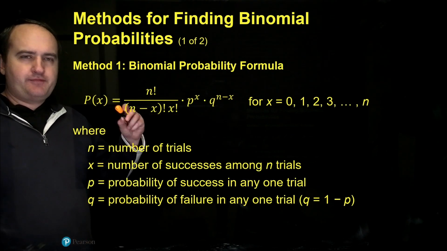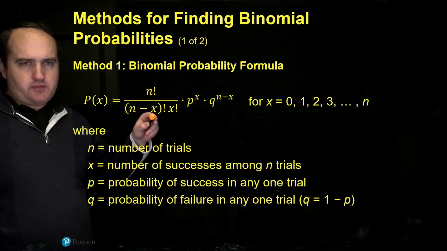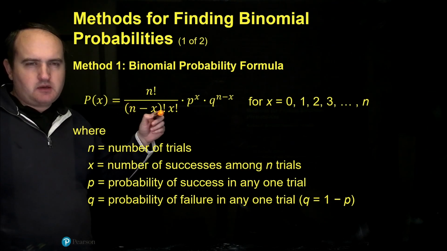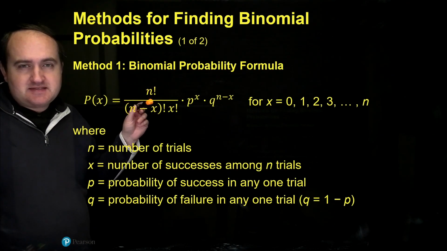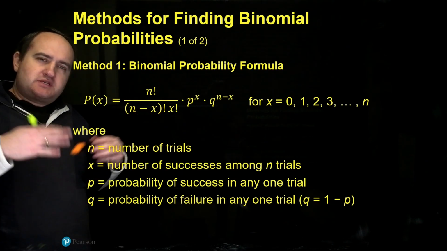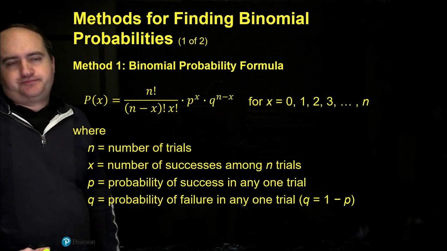I do want to point out that this right here is just the combinations formula. So if you're good at doing combinations, you can either use this formula, or most modern calculators have nCx or nCr. Remember, some other books and some calculators use r instead of x.